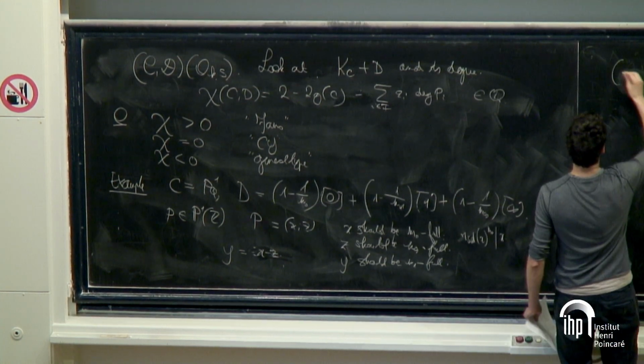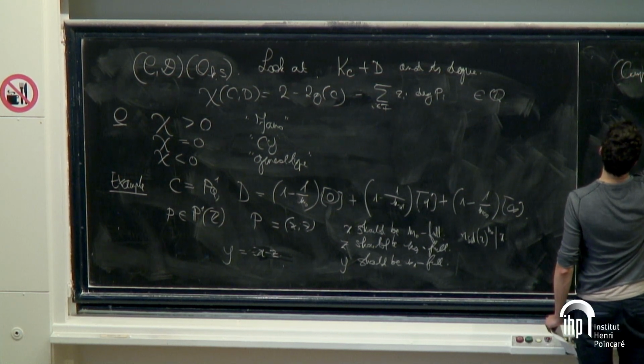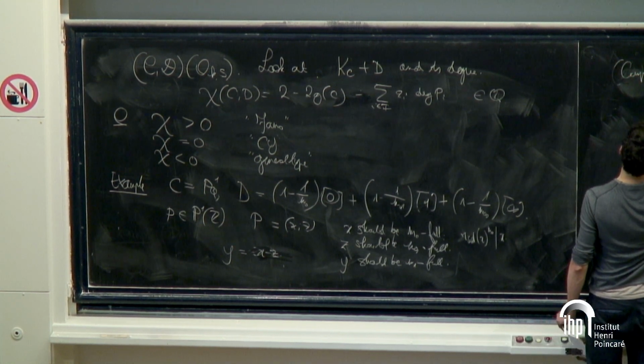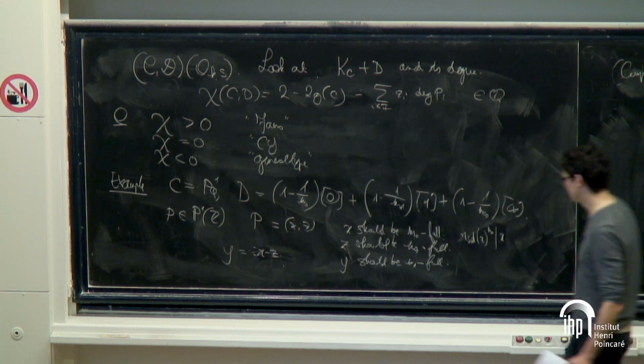So what is in this case our set of Campana points? We're talking about the set of primitive integral triples for which x plus y is equal to z, x is m_0-full, y is m_1-full.